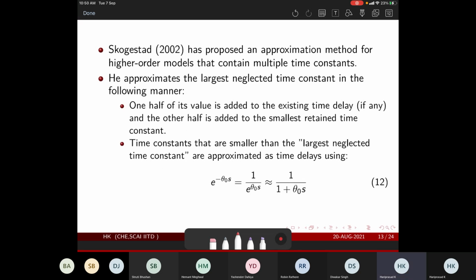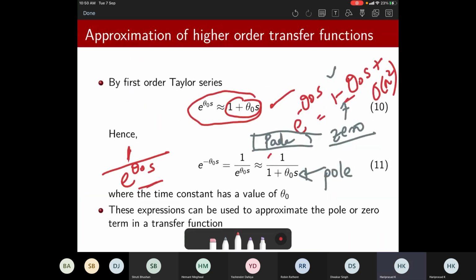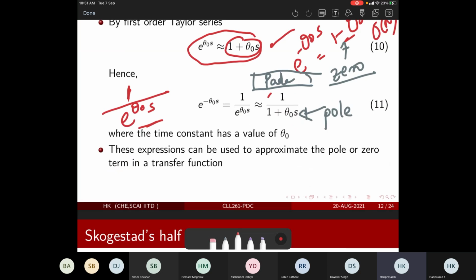So the Koechester point was this: if you can approximate time delay as polynomial, fine, which is what we have done here. We have converted all the time delay to polynomial.